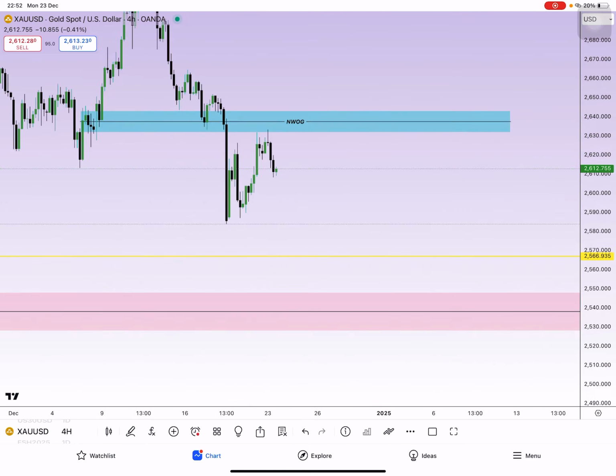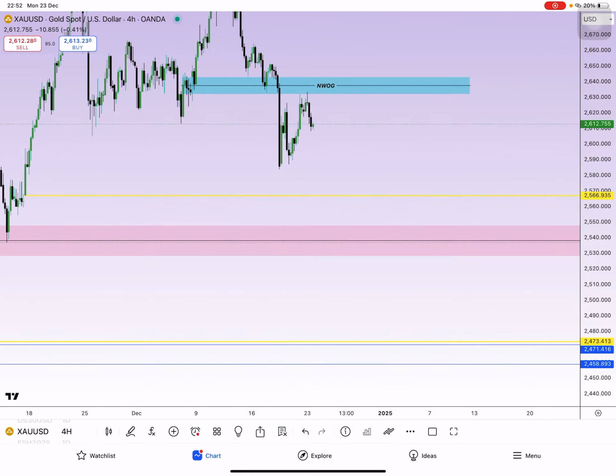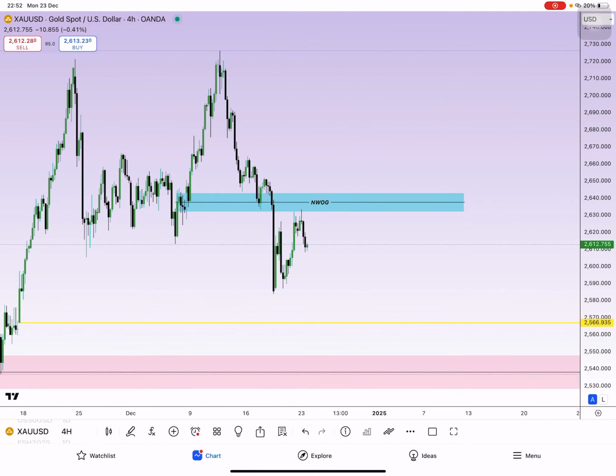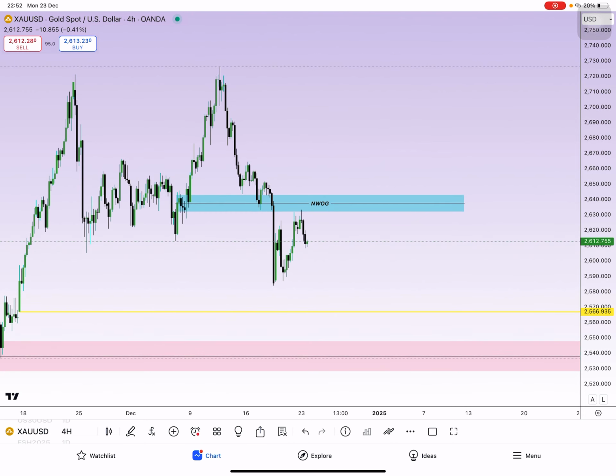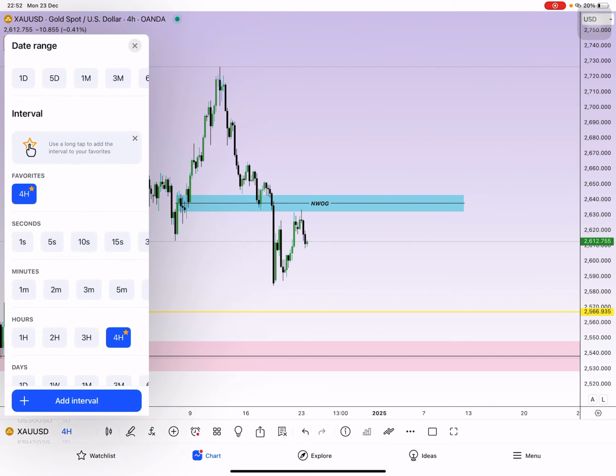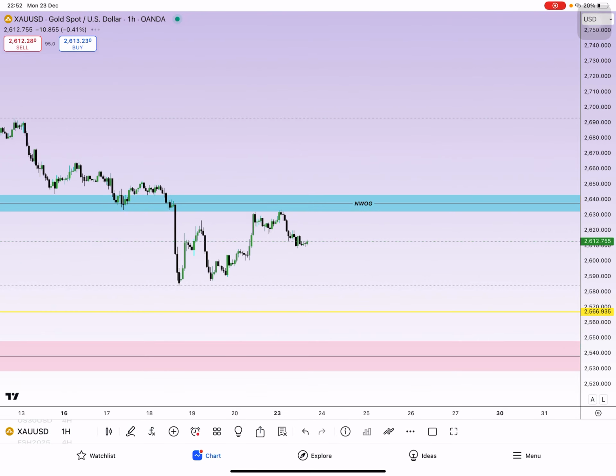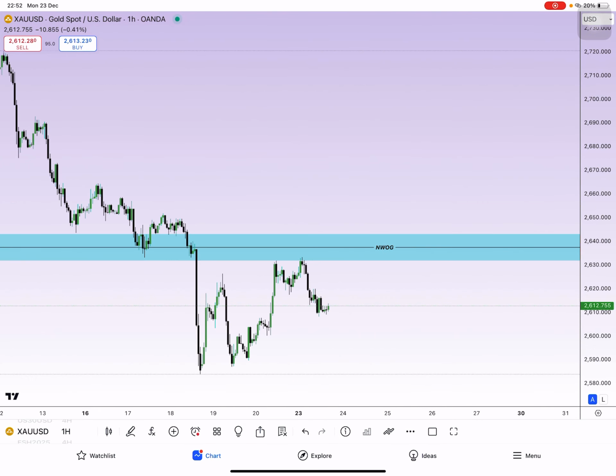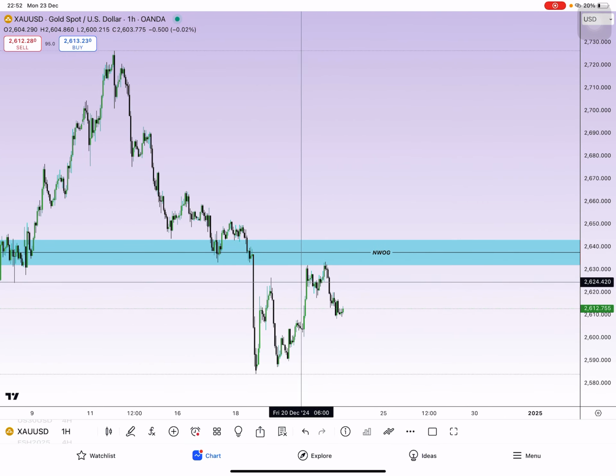I can hold a small portion of my trade towards the final target, but I actually analyze the trade on the basis of my first target. So I can't see anything important on the 4-hour chart. I would go on 1 hour now. So I believe this is a turtle soup.